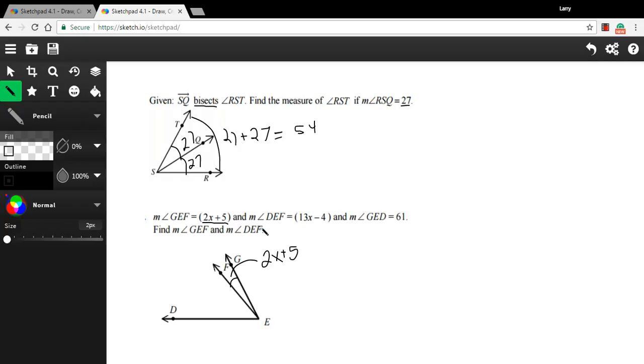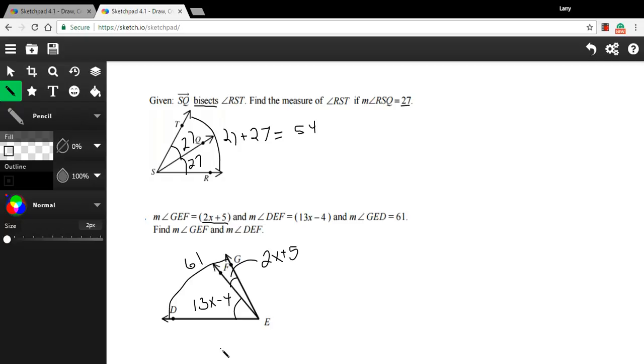And it says DEF, so that's this portion down here, is 13x minus 4. So we'll write that in here. And then it says GED. Okay, that's the whole thing. So GED, that is 61. So this is 61. And it says find the measure of GEF and DEF, so the two smaller angles.